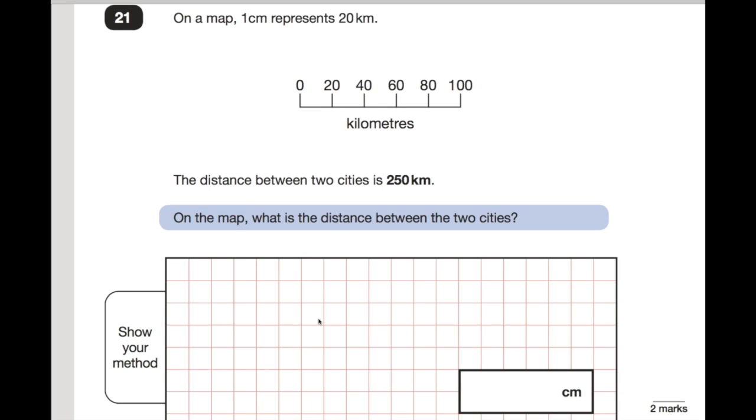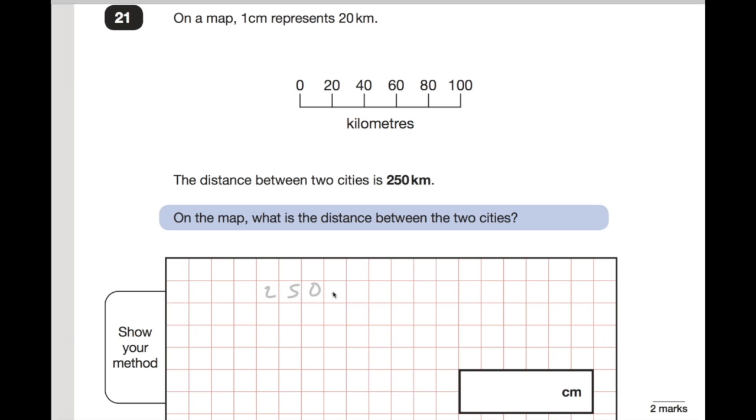Number 21 says, on a map, 1 centimetre represents 20 kilometres. The distance between 2 cities is 250 kilometres. On the map, what is the distance between the 2 cities? So using the information that we have above, every 20 kilometres is worth 1 centimetre. So we need to find out how many 20 kilometres go into 250. And in order to do that, we just need to divide.